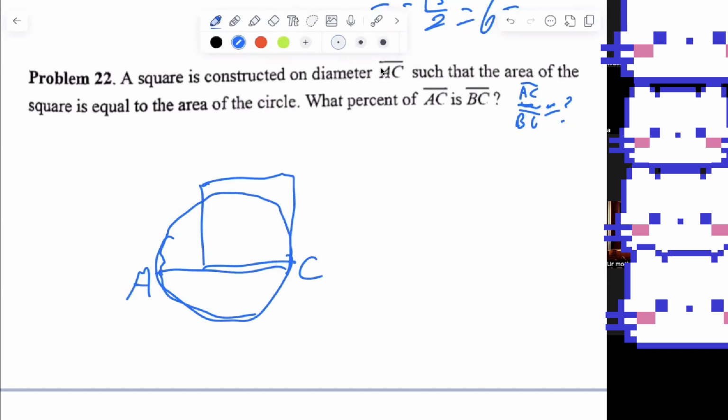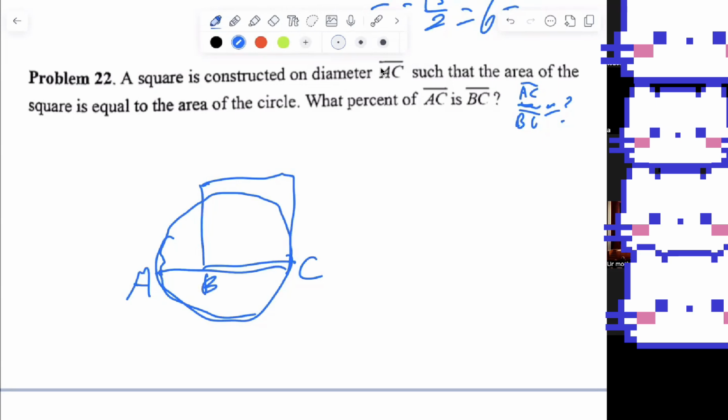And then they didn't place B anywhere. So I'm gonna put B over here. And there was supposed to be answer choices. So I'll give you guys some answer choices, alright?